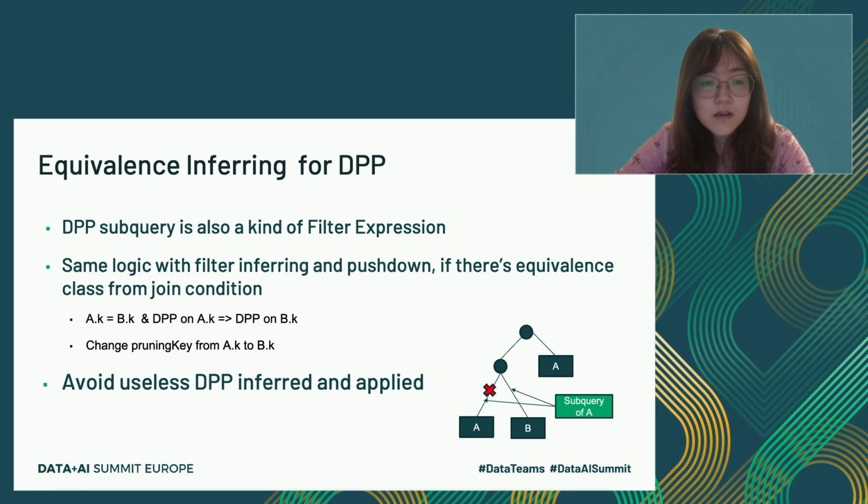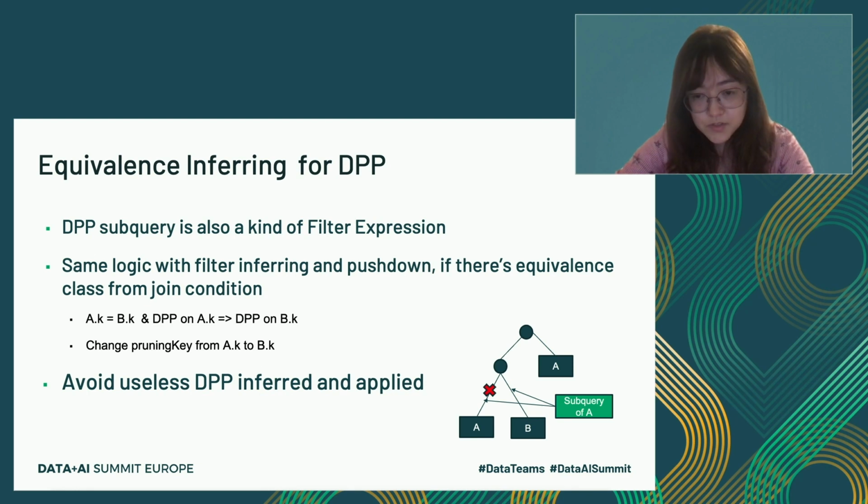But the logic is different from simple expression filter inferring and push down, because we need to change the pruning key in the DPP subquery from table A to table B. So this is the way. But there are some tricky cases. For example, we have a join structure like this.